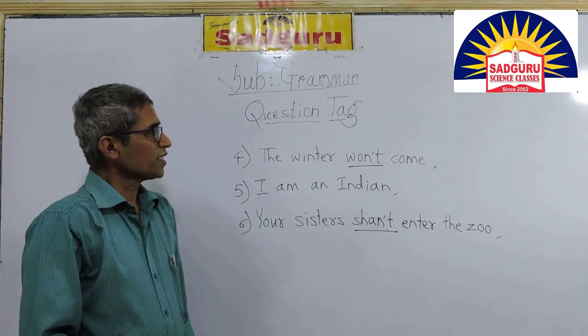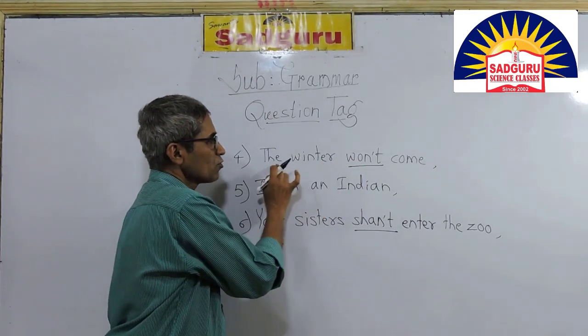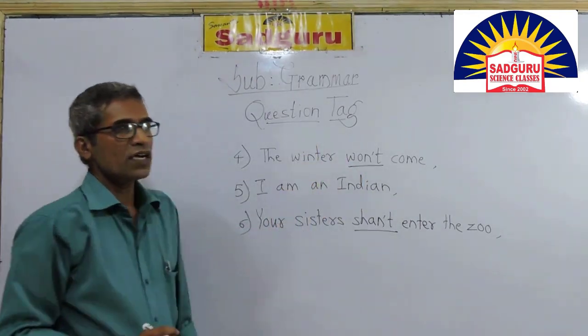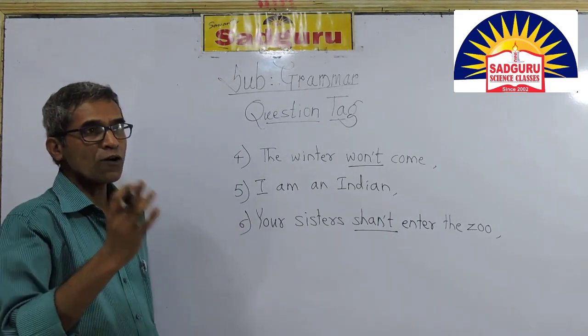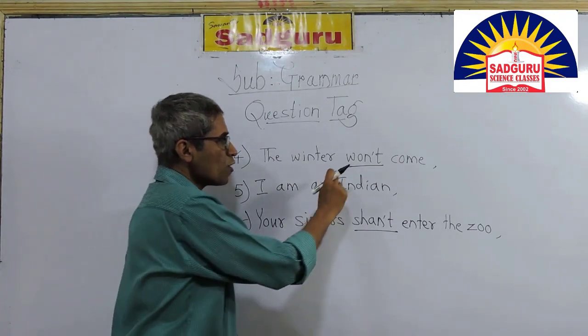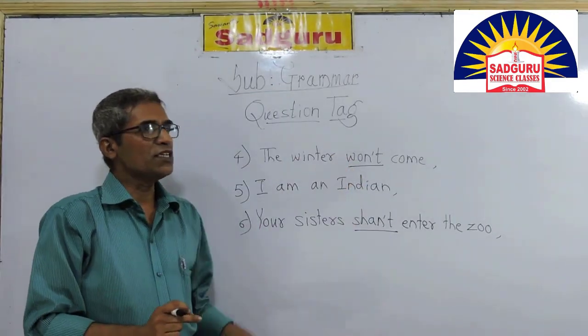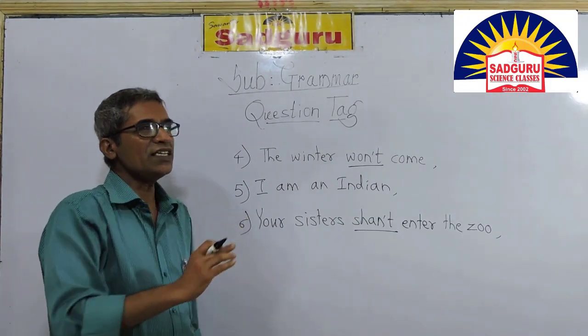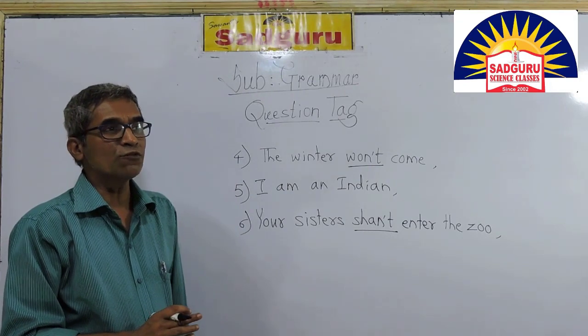Let's tackle the first sentence. The statement is negative and you need a positive question tag. You know the formula: auxiliary plus subject. What is the auxiliary here? The auxiliary here is not clear, but you can understand very easily that won't is the short form and the long form is will not.